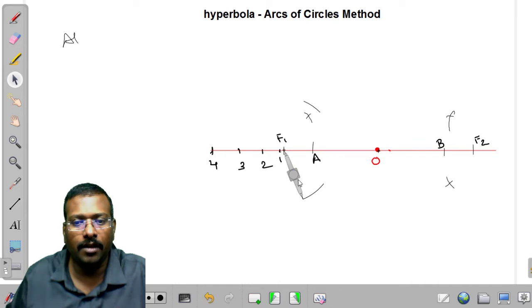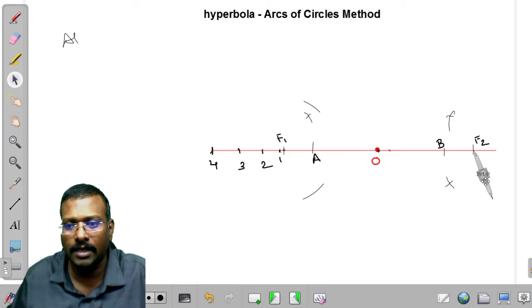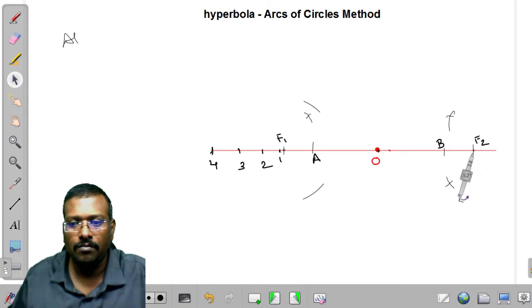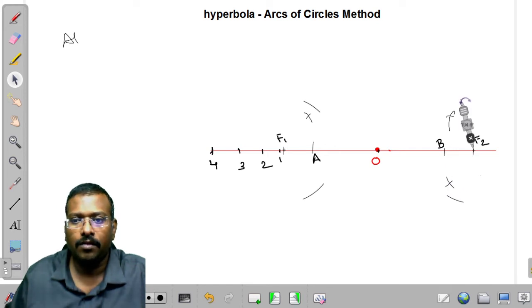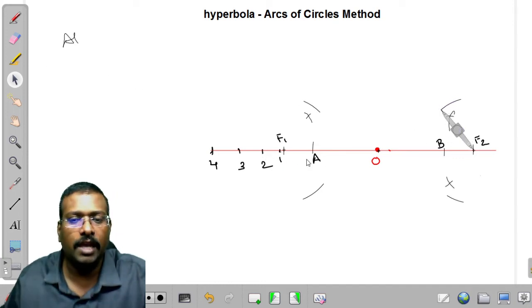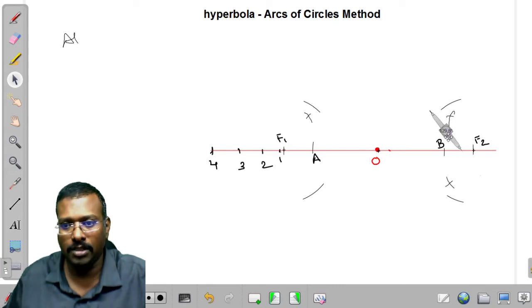Similarly, A2 as radius, F2 as center, draw the arcs on both the sides of the axis. Okay, once I take A2 as radius, we got 4 arcs.